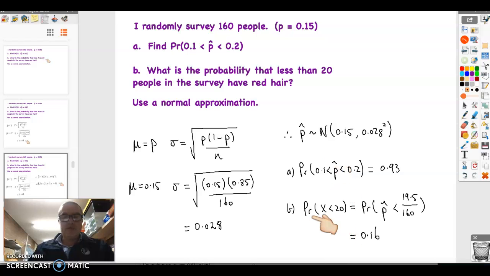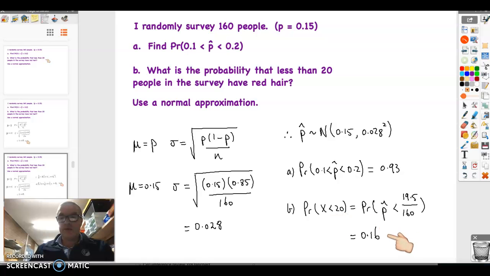If I'm looking at the probability that x is less than 20 people in the sample, and I'm dealing with a normal distribution about the proportion, that means I want my proportion to be less than 19.5 out of 160. I'm not using 20 out of 160, and I'm going to explain why on the next screen. But that's going to be our sample proportion that reflects the probability that x is less than 20.